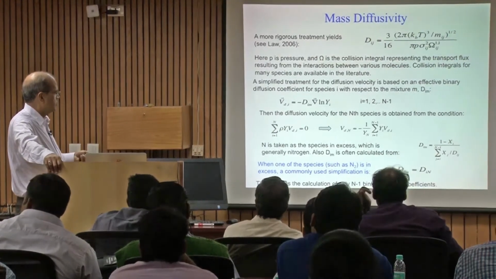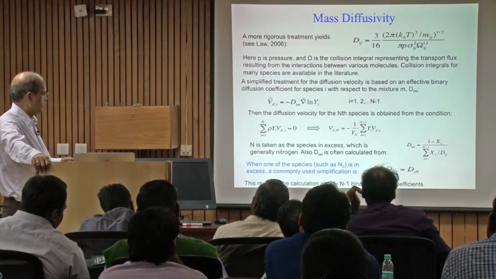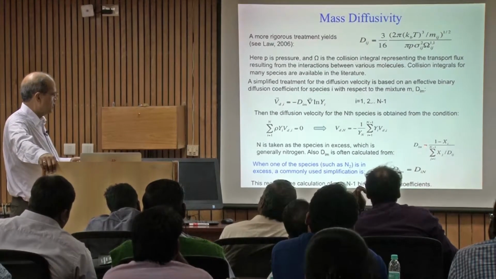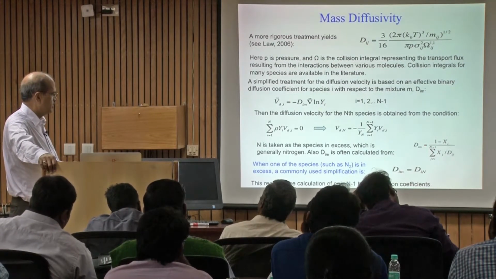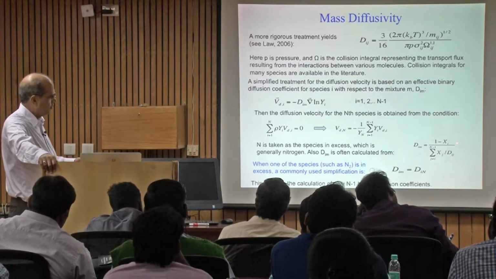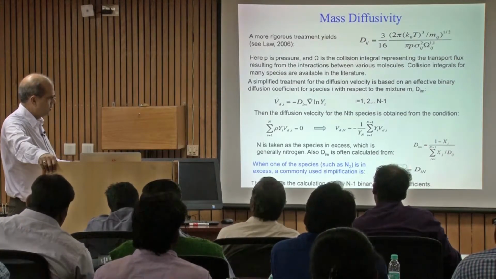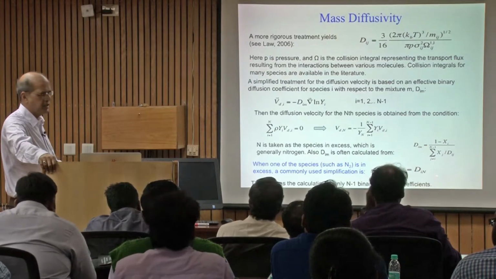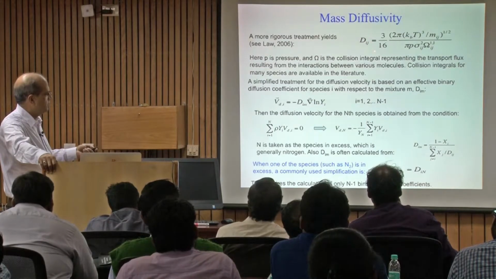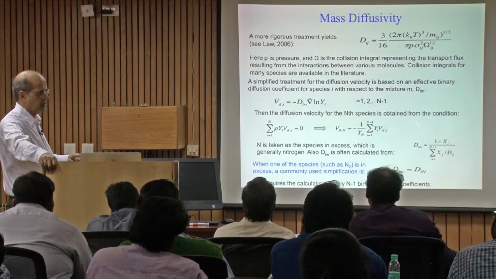So instead of Dij, you use Dim. Now, this is the way to calculate Dim, but they directly use Dim equal to Din. This will be from Dij. So here you do not need to calculate Dij at all. You just use this equation where this j will be nitrogen.